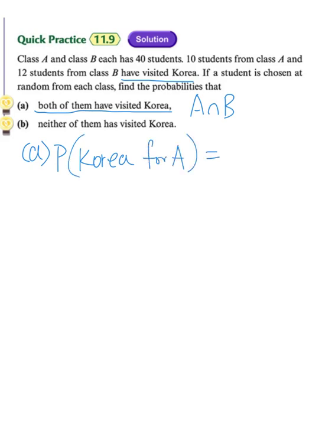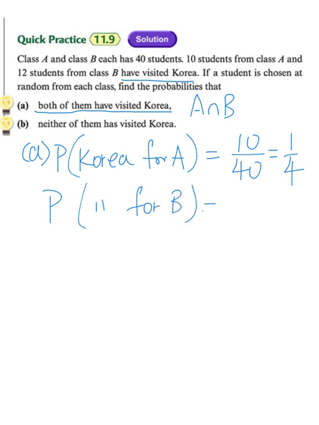It is the number of favorable choices in this sample space over the total number of students. So that is 1/4. And similarly for class B, it will be equal to 12/40, which is 3/10.